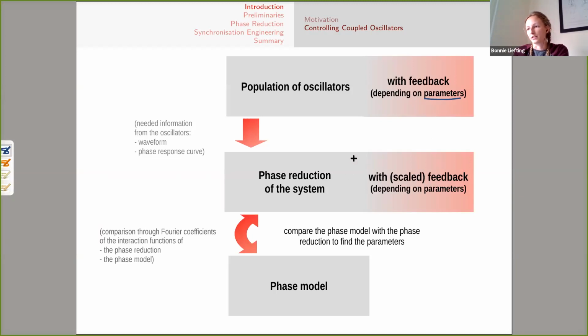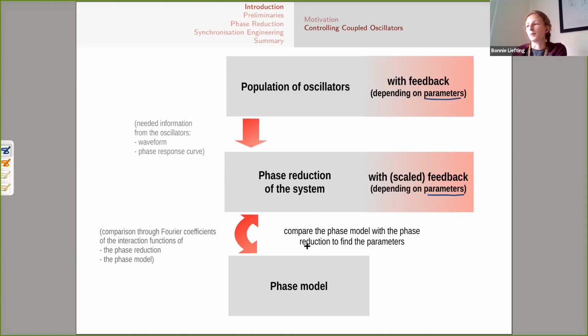and then compare this whole phase reduction to some kind of phase model that has some target behavior, some behavior we want to introduce into this population of oscillators. And by doing that comparison, we can determine what parameters we need for this to be approximately equal.